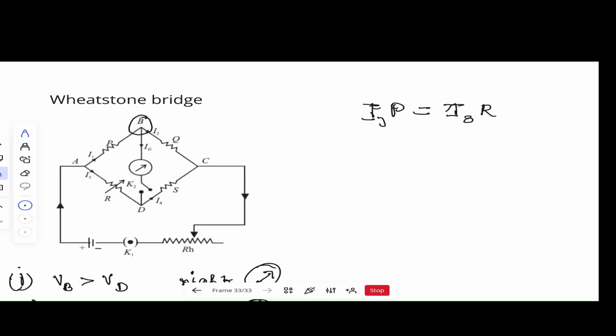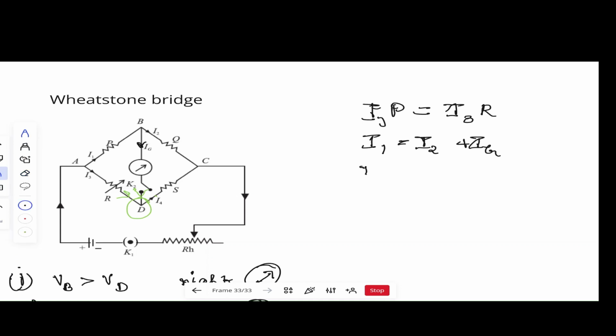For this junction, if we apply Kirchhoff's junction rule, I1 is equal to I2 plus Ig, because we have considered Ig to be in this direction and I2 to be in this direction. And if you apply Kirchhoff's junction rule to this node, this is I3, this is I4, this is Ig.